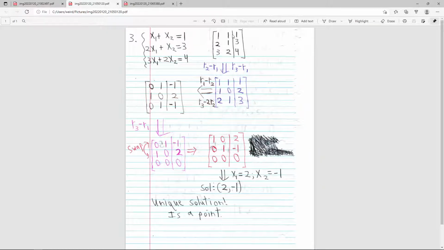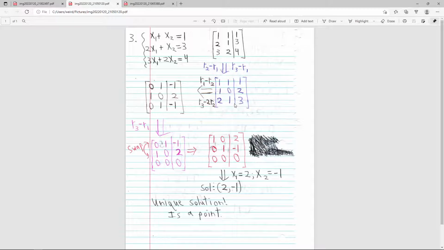You set it up as an augmented matrix. And you do row 2 minus row 1 and row 3 minus row 1, and we get some zeros. We get 1, 0 from that, but we're just trying to simplify it down.